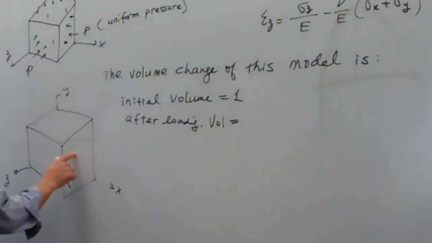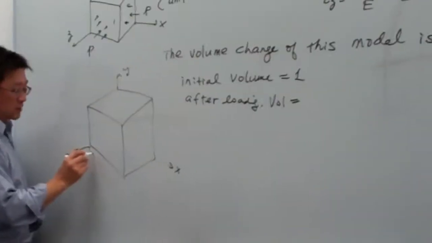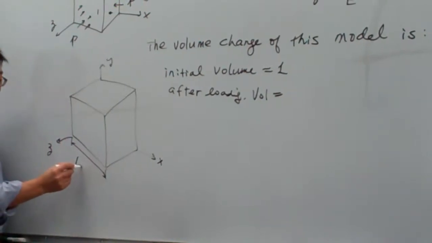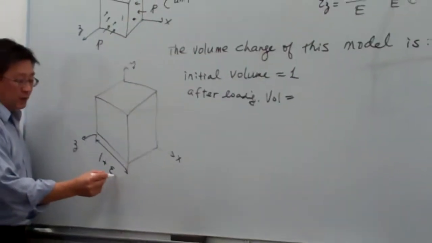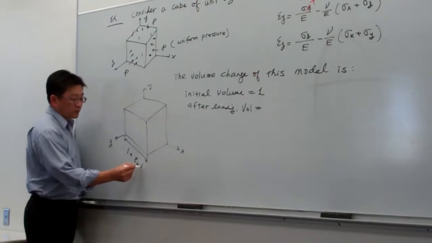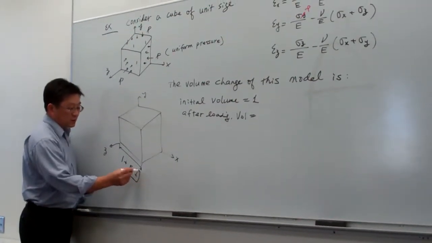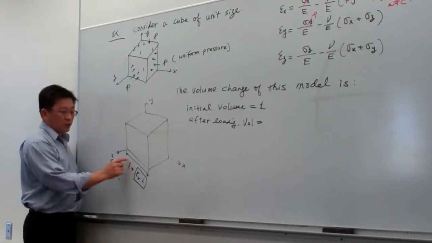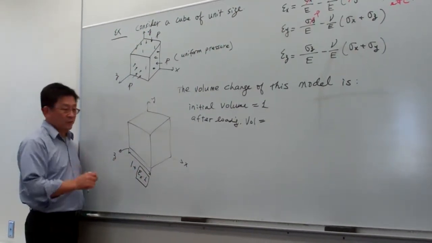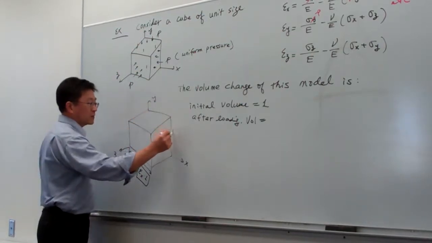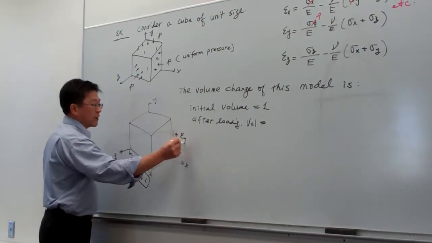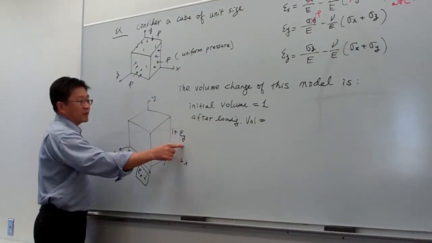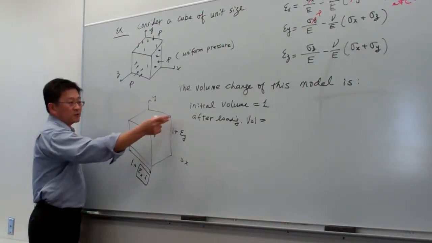So in each side, for example, this is the dimension in the x direction: the original length plus the strain multiplied with the original length. This is the deformation. So 1 plus the deformation is equal to the final length in the x direction. The same thing in the y direction: 1 plus strain multiplied with the original length of 1 represents the final dimension in the y direction.